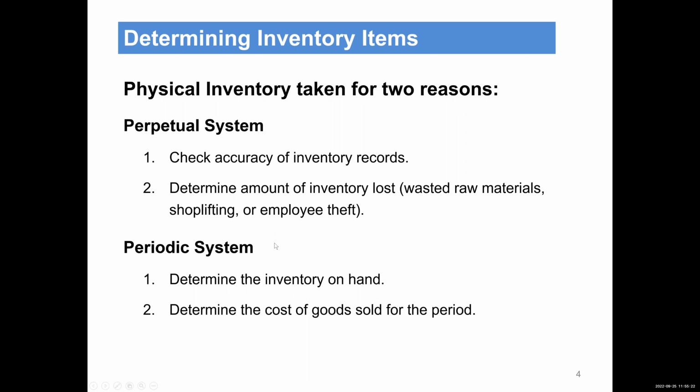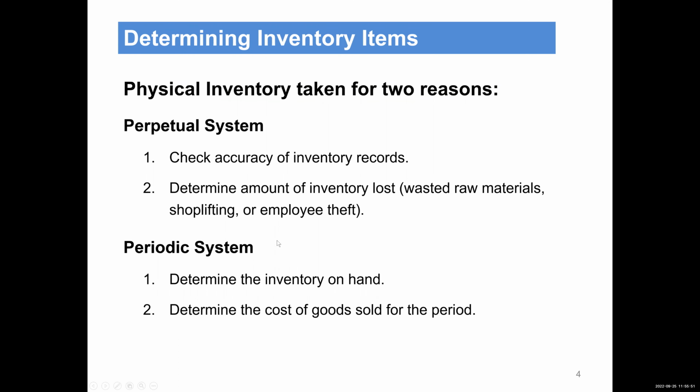Now, under the periodic system, we track it coming in, but we don't track it going out. So how do we know what our cost of goods sold is if we don't track it going out? Well, we determine the inventory on hand. And so the difference between what was available and what we had left in inventory must be cost of goods sold.